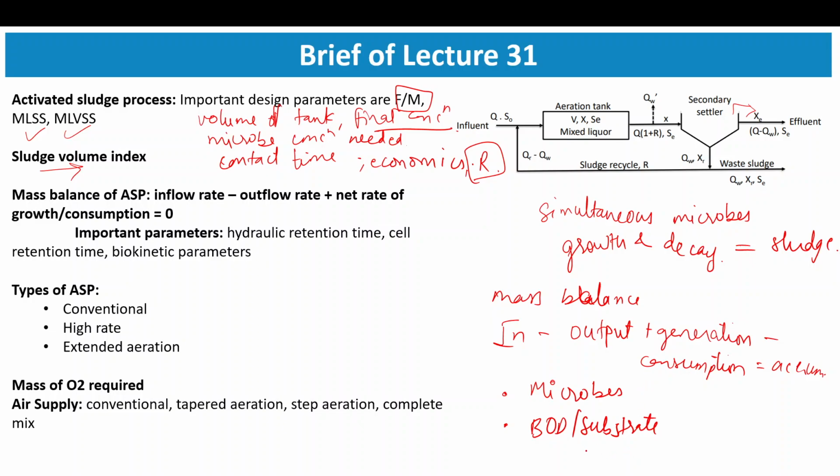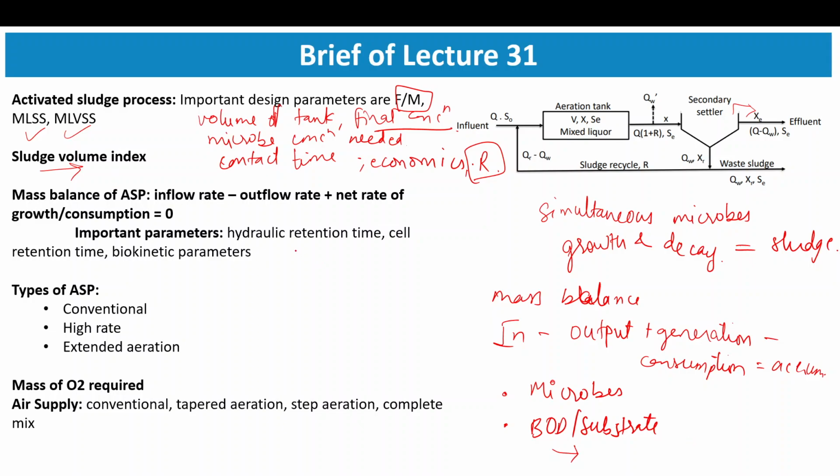Another balance is for BOD. Here BOD is not generated, so the generation term will cancel out. Input, output, and consumption will remain. So you do the mass balance for these two to get the values of the required parameters.